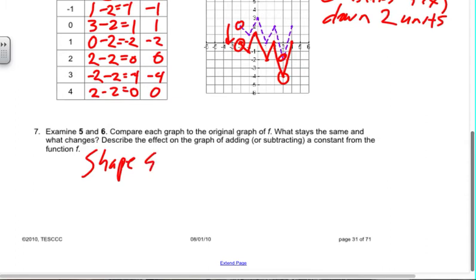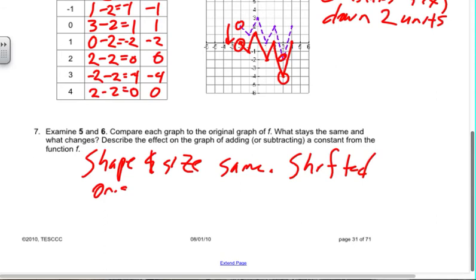And actually, the size of this thing has stayed the same. We have just shifted the original graph up or down. Okay, so the rest of the pages will be your classwork.